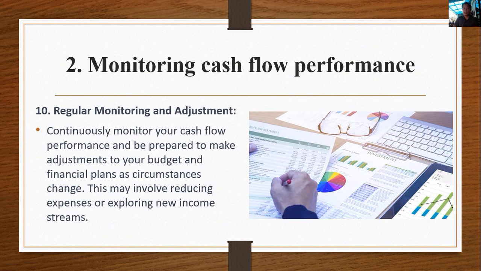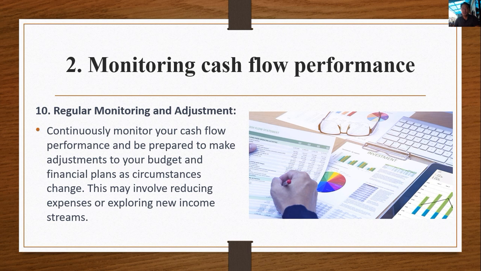And also, class, regular monitoring and adjustment. Continuously monitor your cash flow performance and be prepared to make adjustments. Why should you be prepared for various adjustments? You know why, class? Because our industry is volatile. The prices change anytime, any season, because there are a lot of factors.